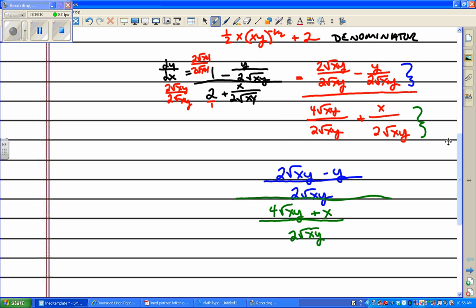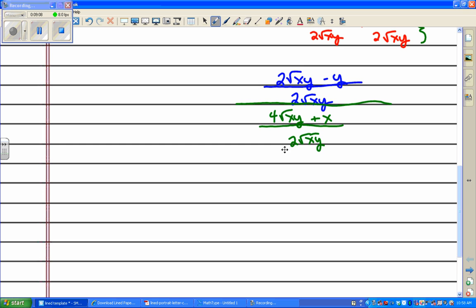Okay. Well, now notice that you've got a fraction divided by a fraction, so when we have that, we want to invert the bottom fraction, find its reciprocal, and multiply it by the top. So we're going to have 2 radical xy minus y all over 2 radical xy, that's the top. And I'll multiply it by the reciprocal of this stuff here on the bottom. So it's 2 radical xy all over 4 radical xy plus x.